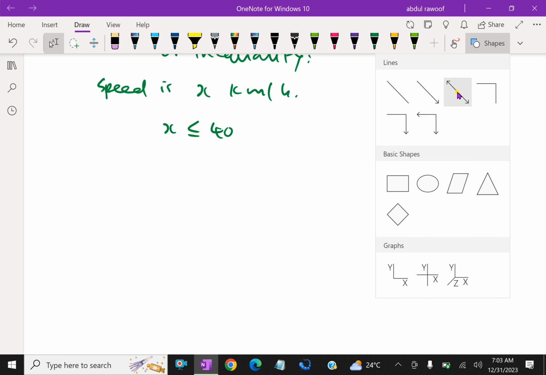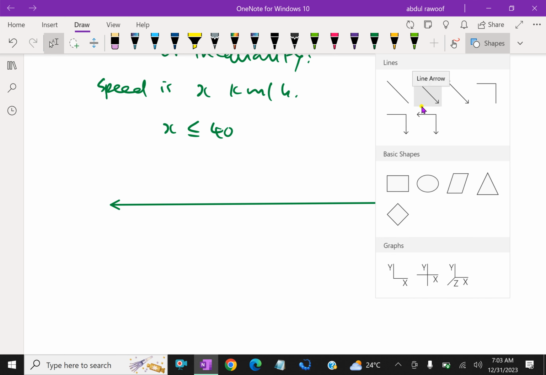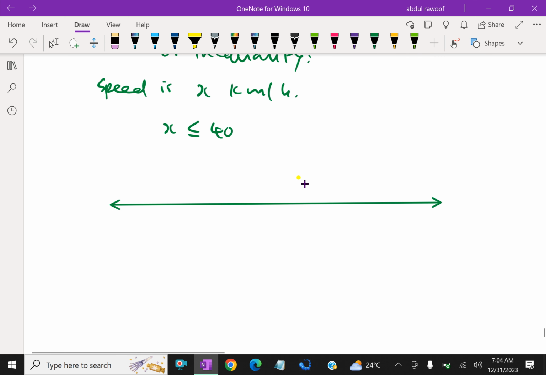Look at this. So this graph is on the x-axis. Here this is 40, speed x.